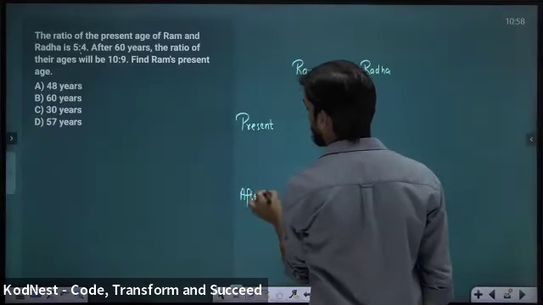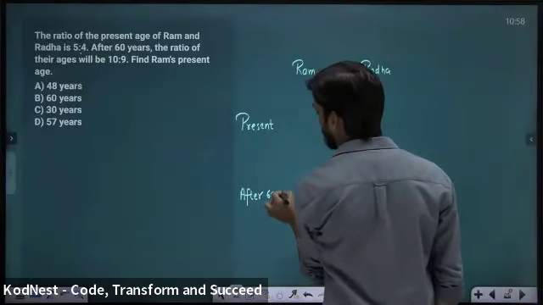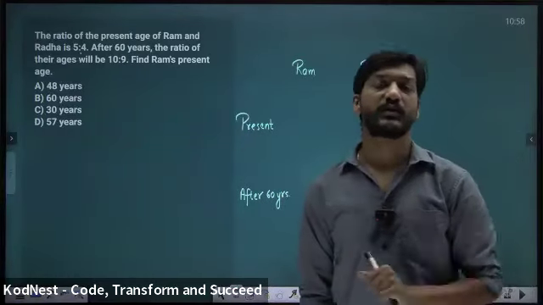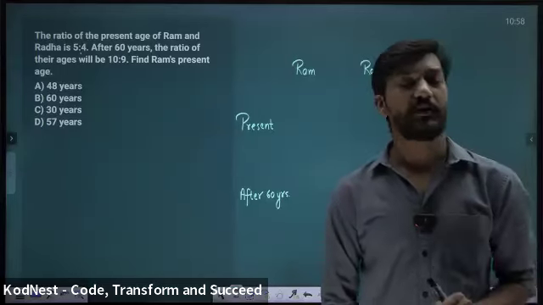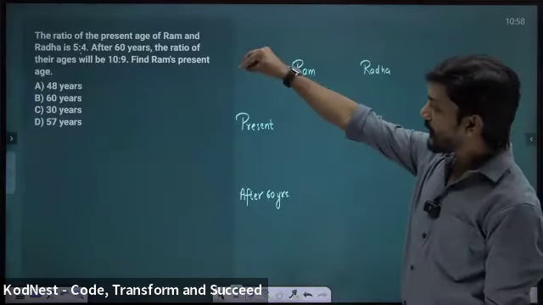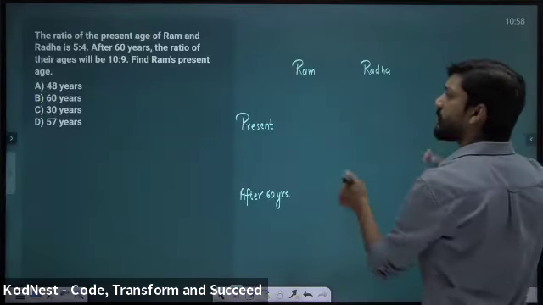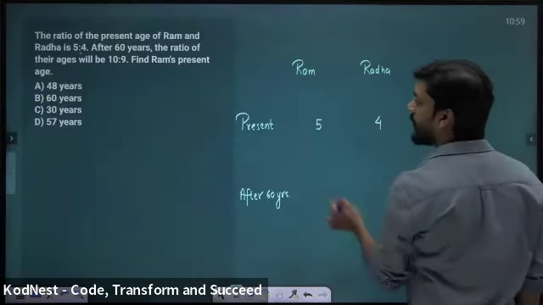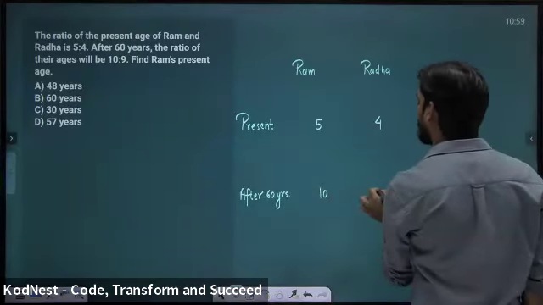Ages are not given. A ratio is given. Whenever a ratio is given, I will take the values directly from the ratio, but those will be just temporary values. So 5 and 4, and next is 10 and 9.